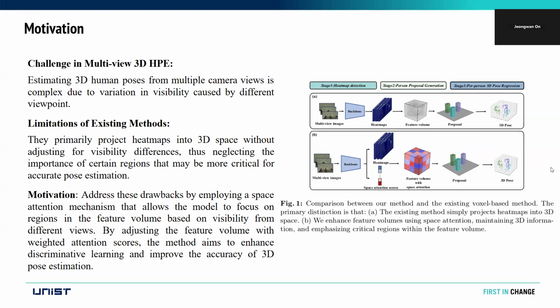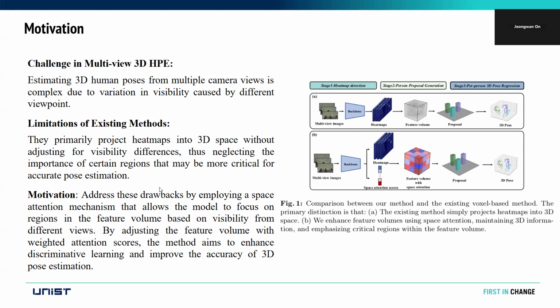The traditional voxel-based multi-view 3D pose estimation primarily projects the heat maps into the 3D space without adjusting for the visibility difference, which means that they neglect the importance of different regions that might be more crucial for accurate pose estimation.